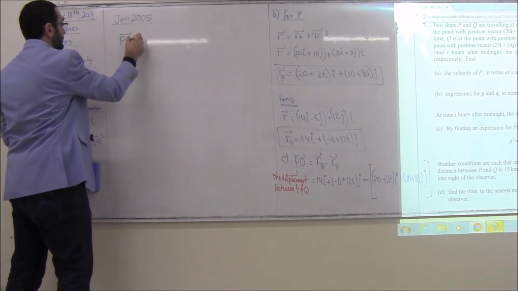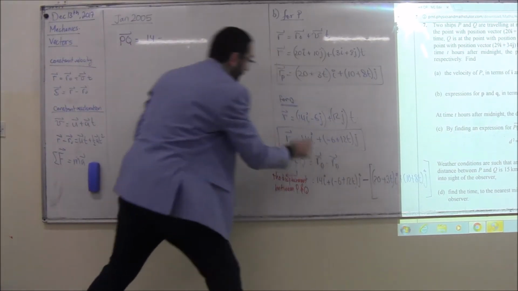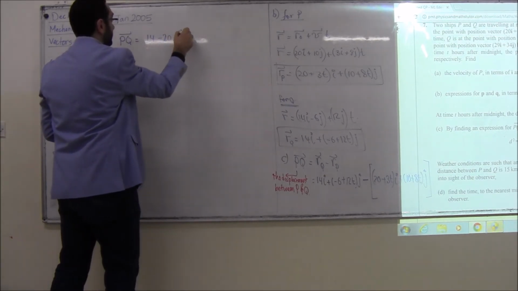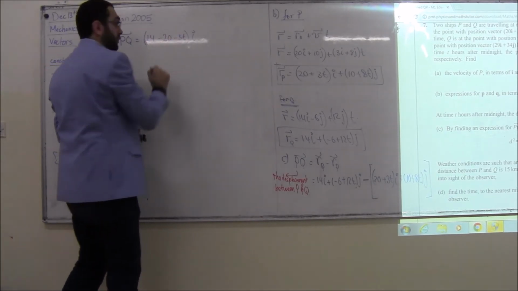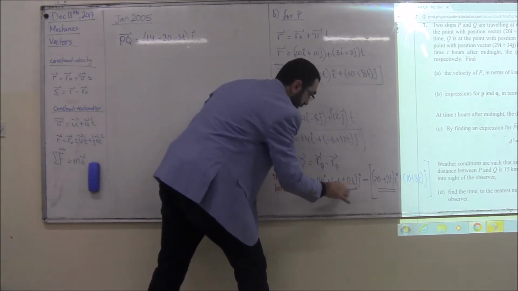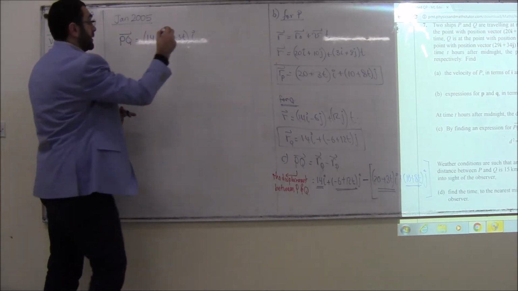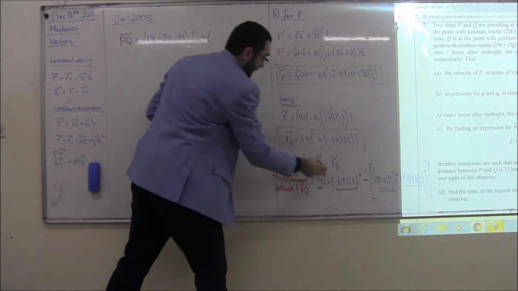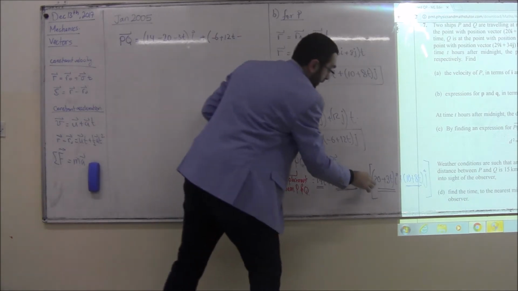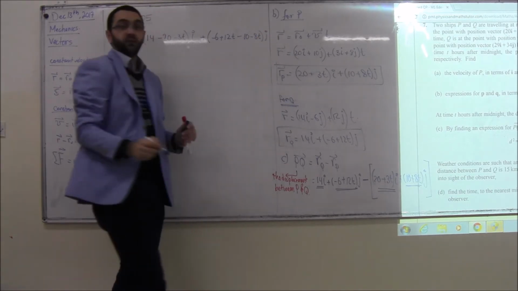PQ equals (14 minus 20 minus 3T)I, I with I, J with J, plus (minus 6 plus 12T minus 10 minus 8T)J.